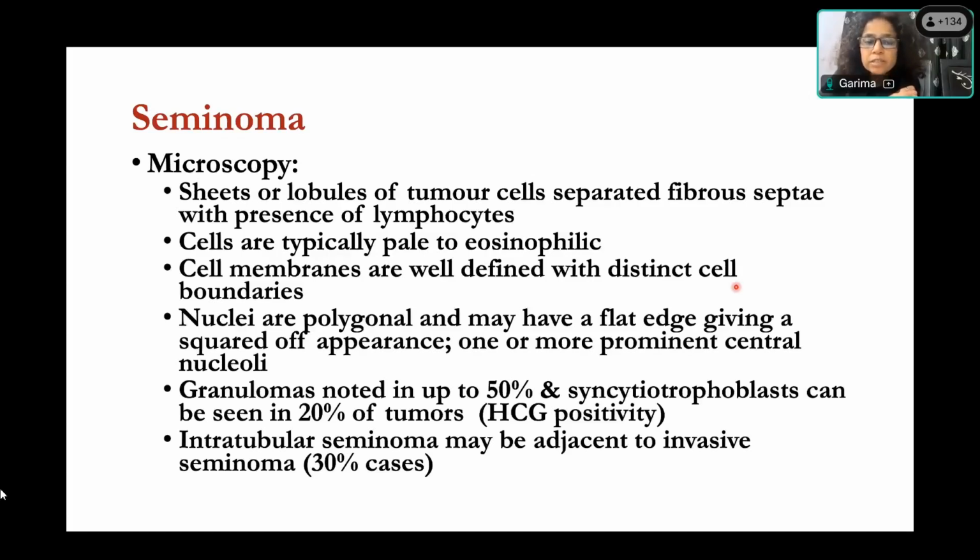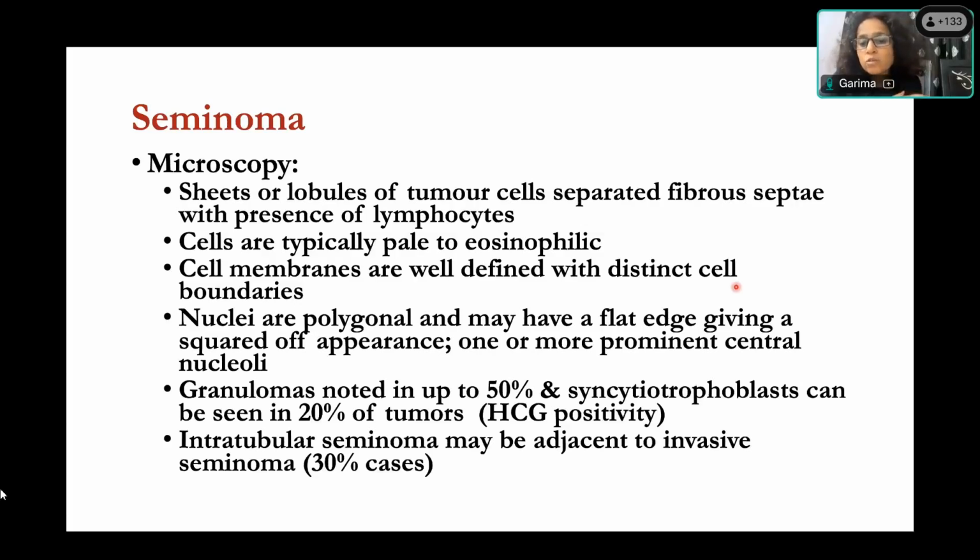Also, you can see granulomas in 50% of the cases. And when syncytial trophoblasts are seen, which is seen in 20% of the tumors, there will be an increase in the beta HCG levels. But remember that the beta HCG levels will never reach the level of choriocarcinoma. So there might be a mild increase in beta HCG.